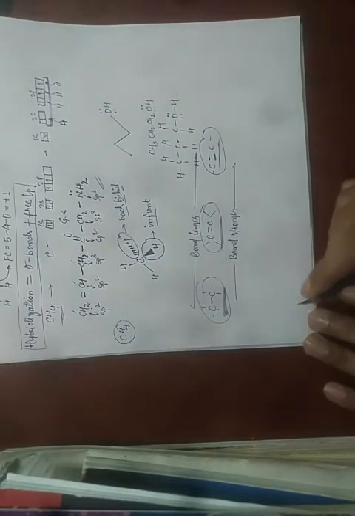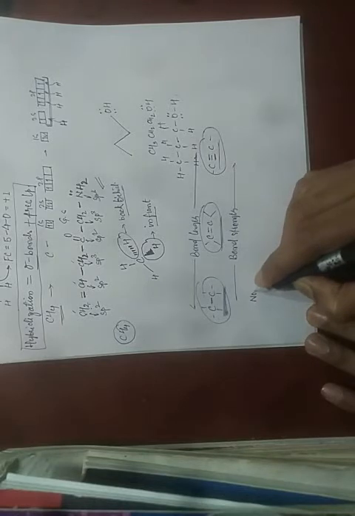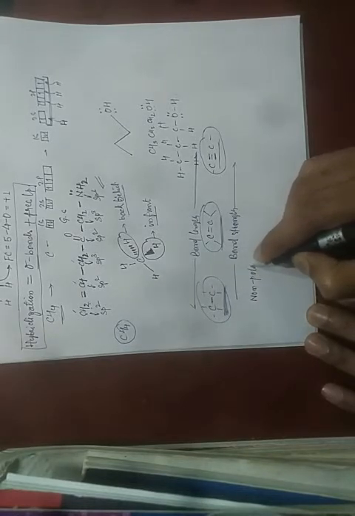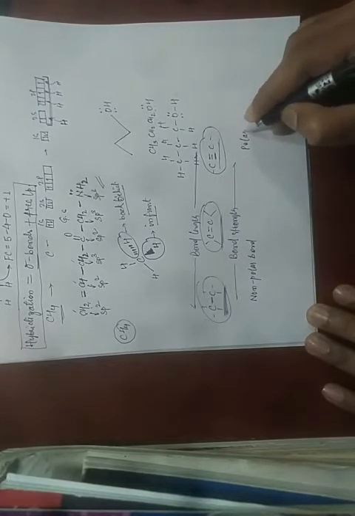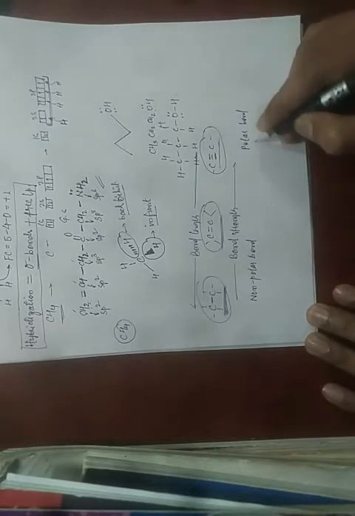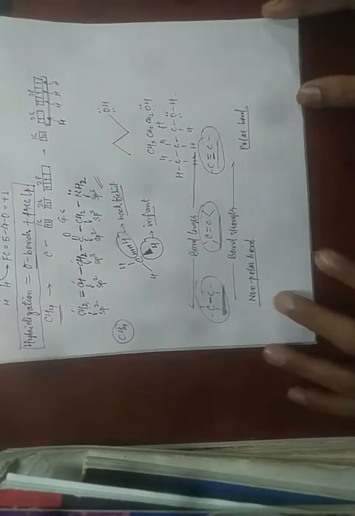I know you have heard about non-polar bond and polar bond. So from here we can identify the electronegativity, and your concept of electronegativity and of polar and non-polar bonds will also be clear.